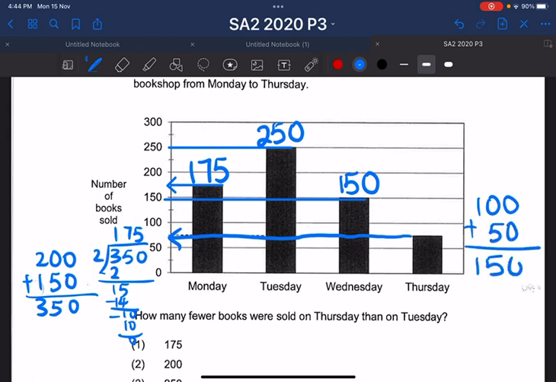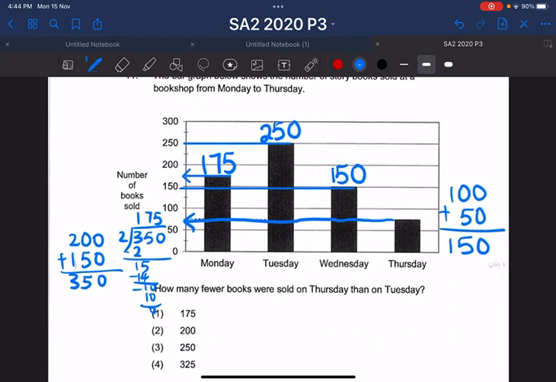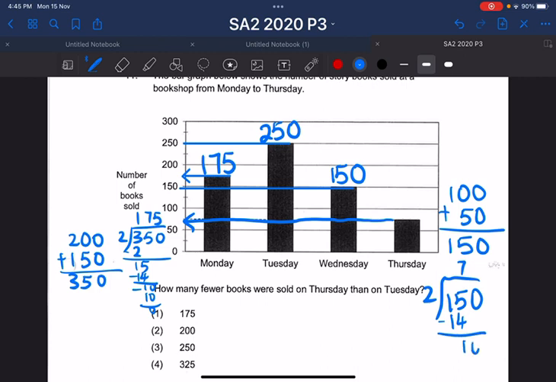And then remember what is the next step after you add them up? You divide them by 2 to find the center number. Okay? So if you divide them by 2 and you find the center number, you will get 75 as the answer. So 75 will be the middle number.